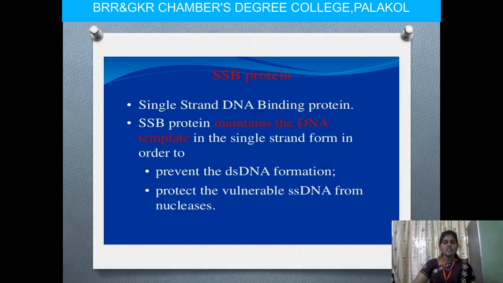The next one is SSB proteins. We call it single stranded binding proteins. These attach to the DNA strand and make it unwind, and they maintain the DNA template in the single strand form in order to prevent double stranded DNA formation, and they also protect the vulnerable single stranded DNA from nuclease activity.